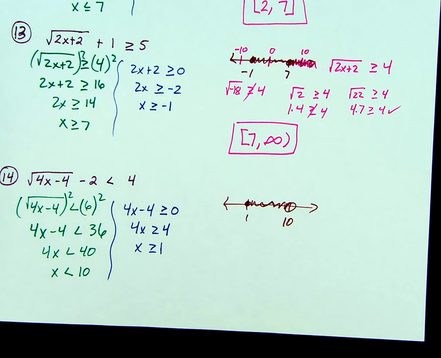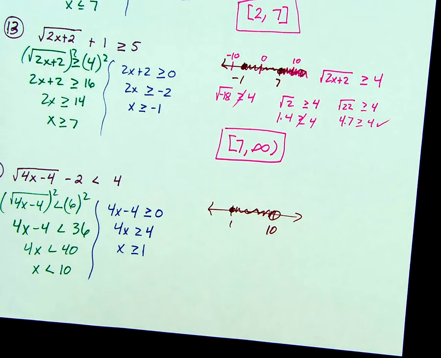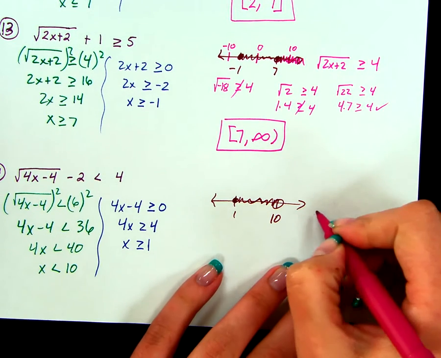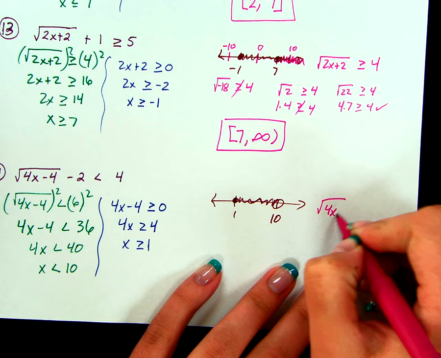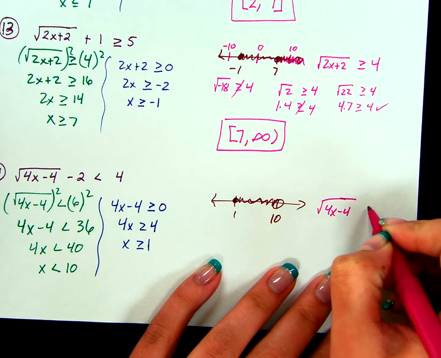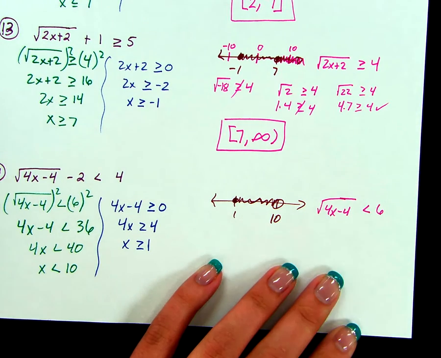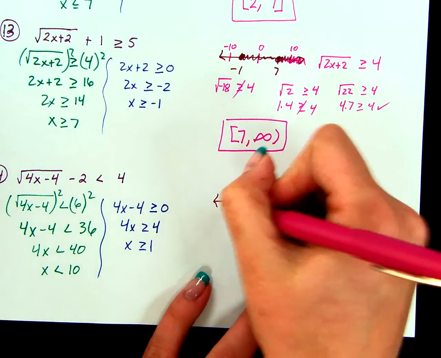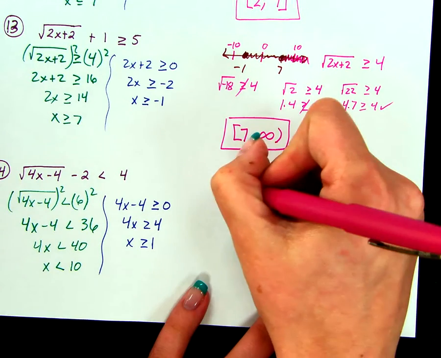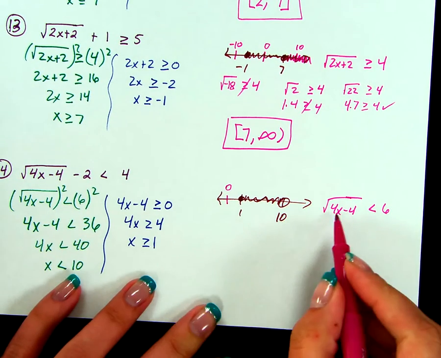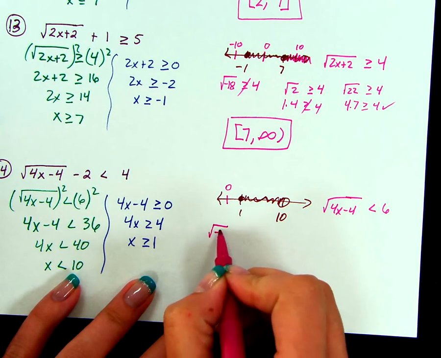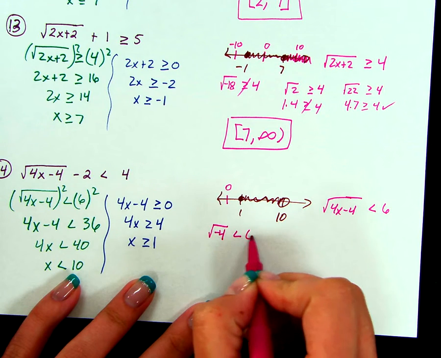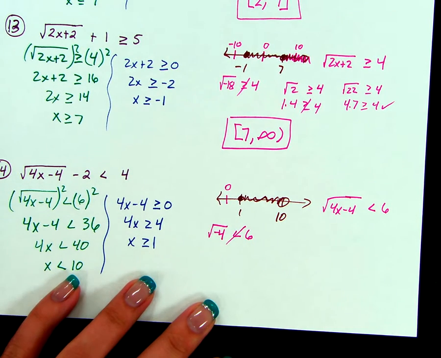Again, we just need to pick numbers to test. I'm going to add that 2 over, so we're checking against the square root of 4x minus 4 less than 6. I'm going to start by picking a number outside. Let's test 0. This would give us the square root of negative 4 less than 6, which is already a false statement because we can't take the square root of a negative.